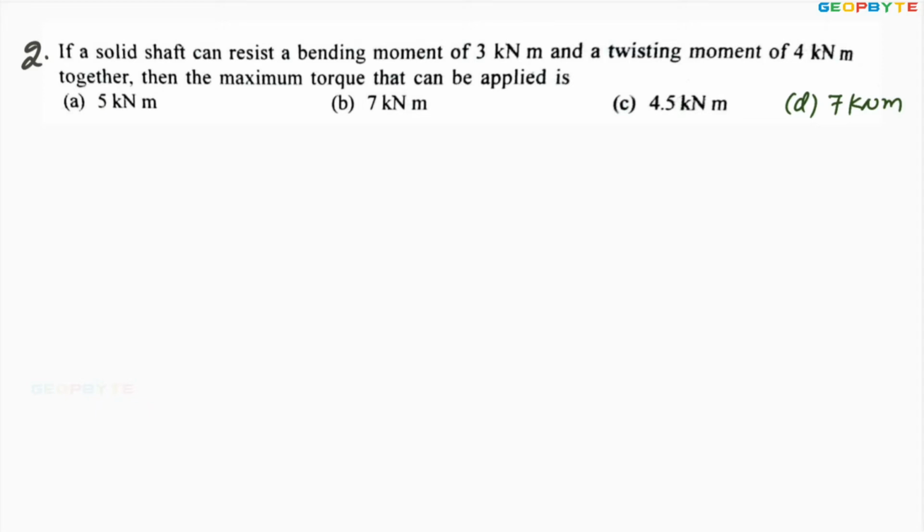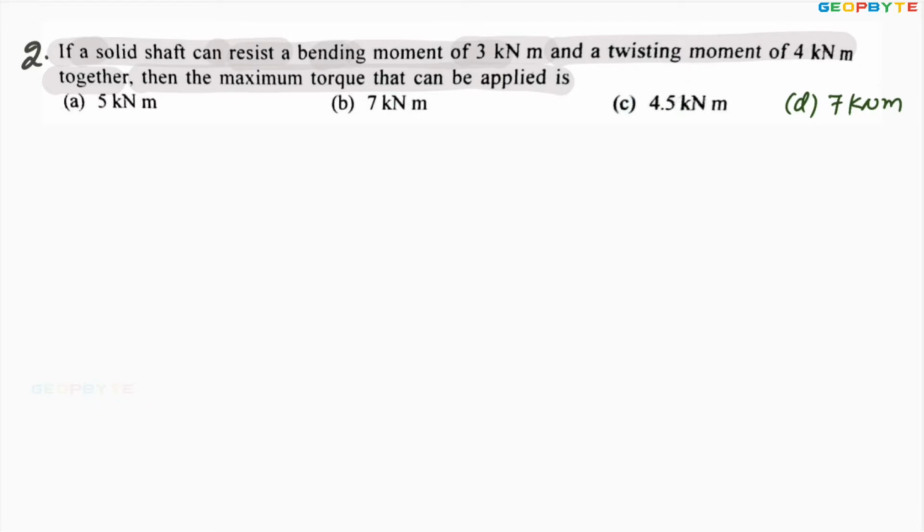Look at the second problem. If a solid shaft can resist a bending moment of 3 kilonewton meter and a twisting moment of 4 kilonewton meter together, then the maximum torque that can be applied.